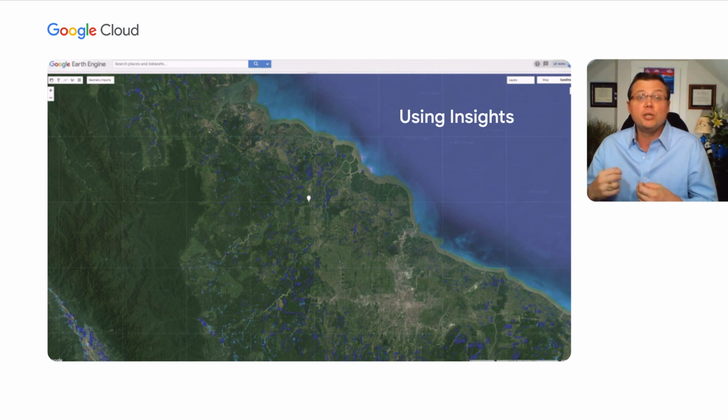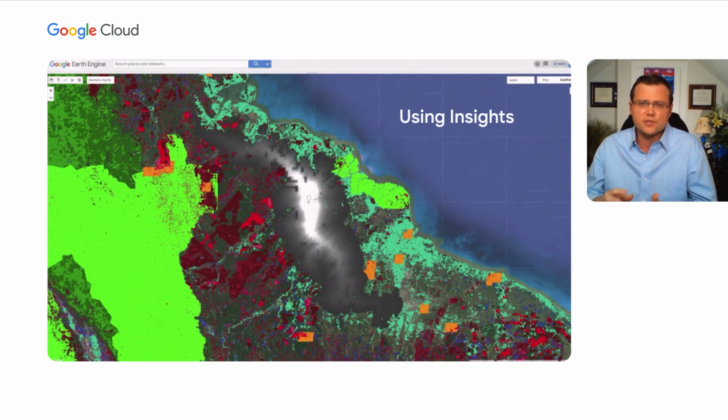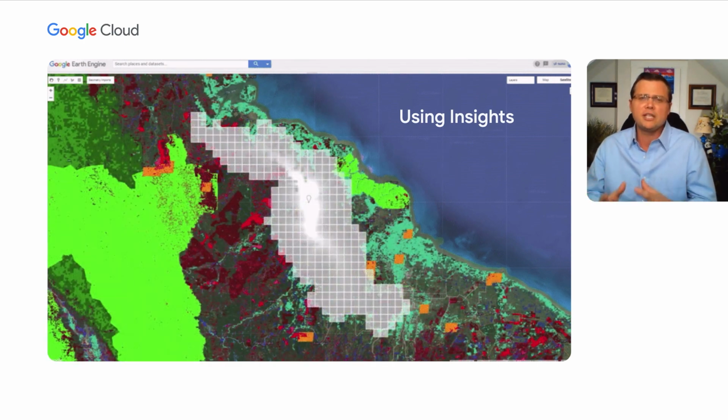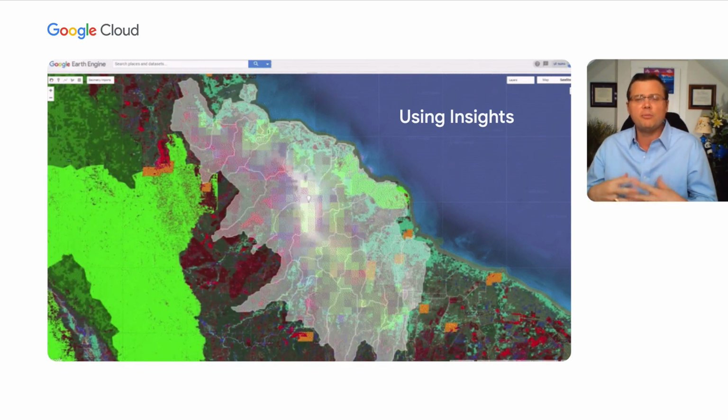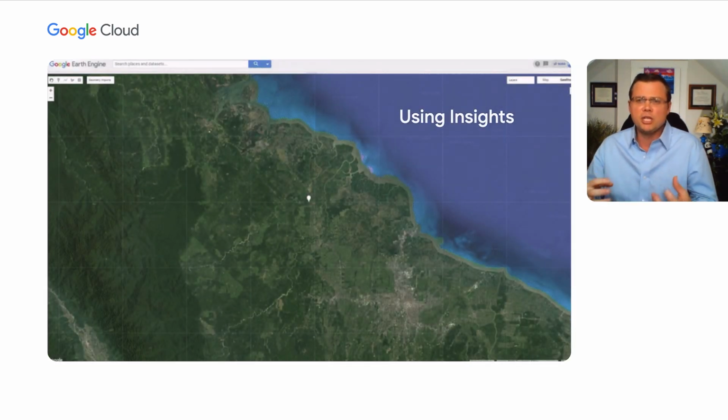And then we start enriching this view with data on farmers and smallholders and forests and ecosystems and deforestation and fires and all the things we need to summarize in order to make sense of the world, whether we're expressing that in administrative boundaries or grid cells or even river basins.